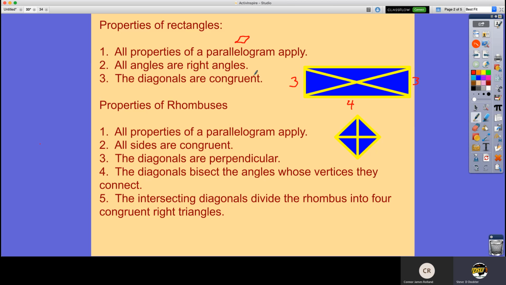For a rhombus, even though that one looks like a diamond, a rhombus does not always have 90-degree angles. But there are pieces to it that we do know. Like I said before, all parallelogram properties apply to this, plus all sides are congruent.